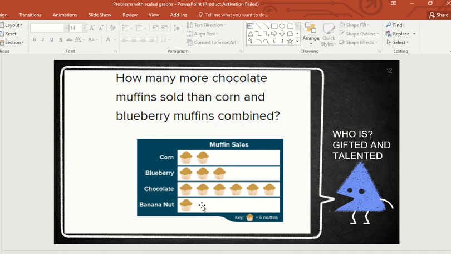Then for chocolate, then for the nuts. Then you will see how much more chocolate muffins are. How much more are these than blueberry and corn? You will add blueberry and corn together, see their total, and see how much more chocolate is than their total.